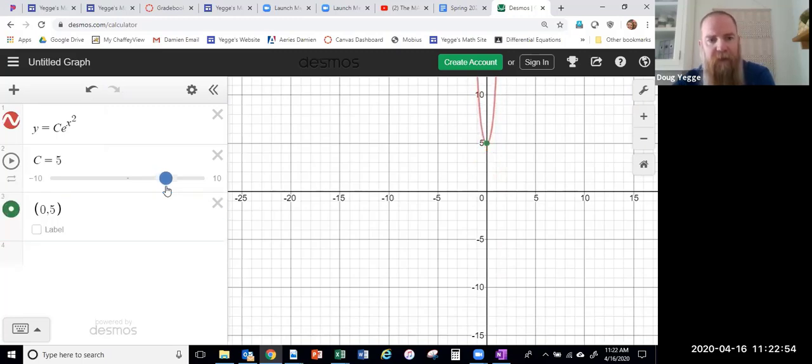Oh, and it looks like it's 5e to the x squared. So what we are told here is that if 0, 5 is an initial condition, we could plug that initial condition into the general solution to find the c value, which would then tell me the particular solution.